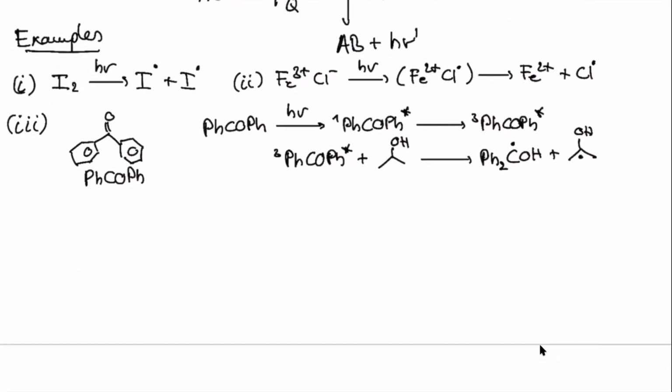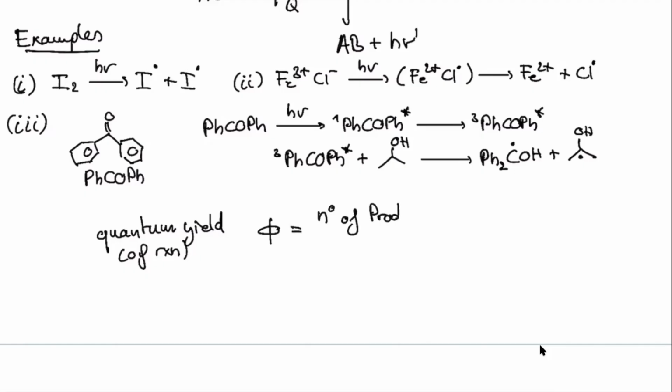So how can we quantify these reactions? Again, you use the quantum yield of the reaction, right? Quantum yield is the number of product molecules divided by the number of photons absorbed.